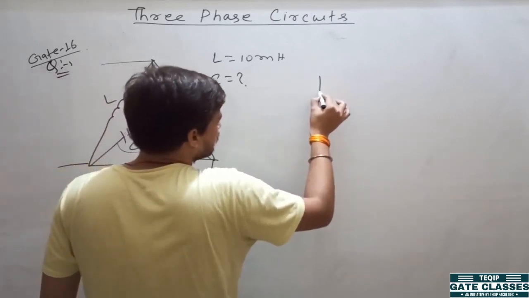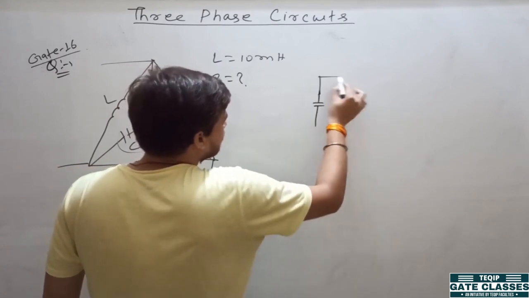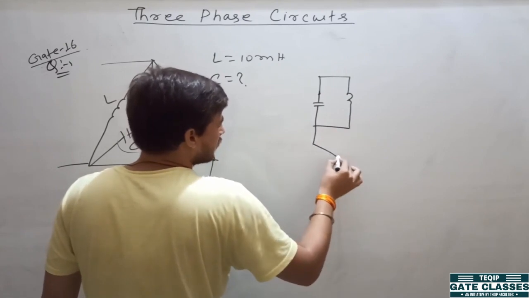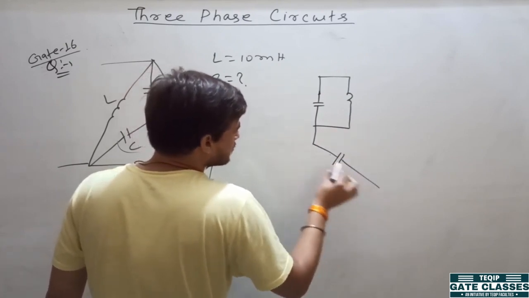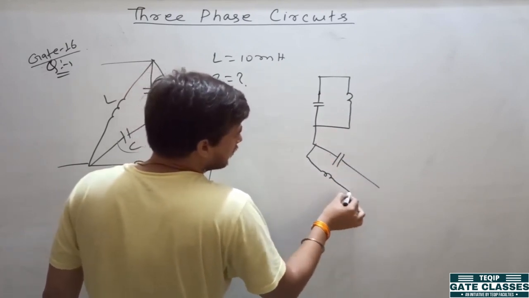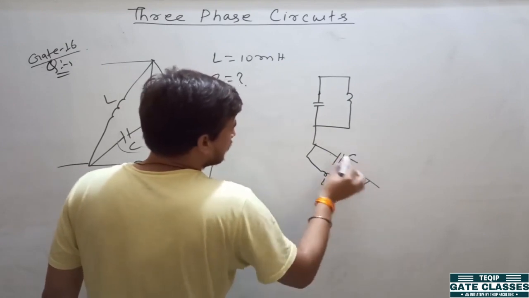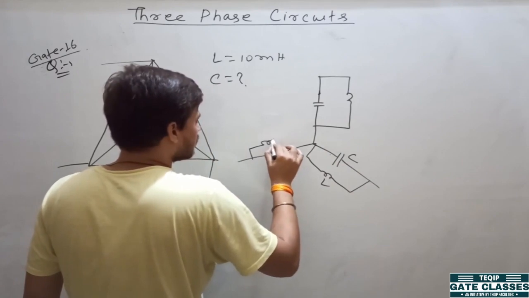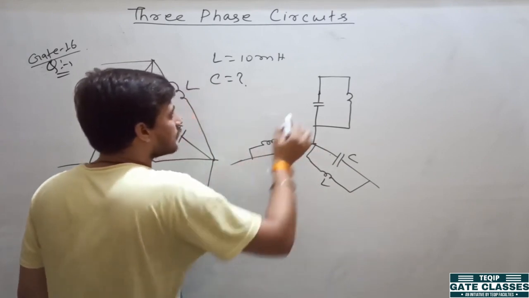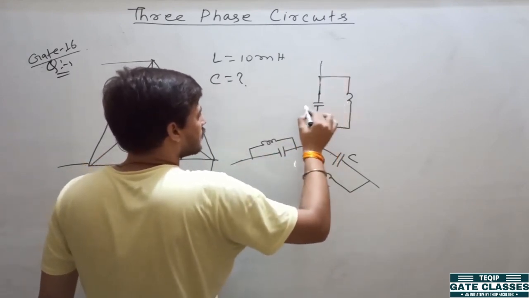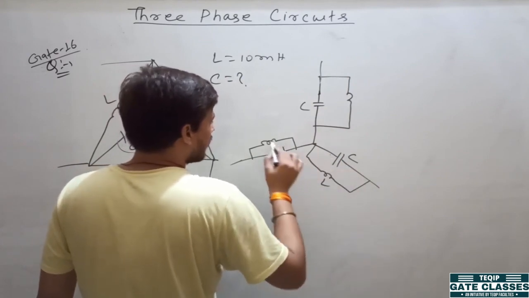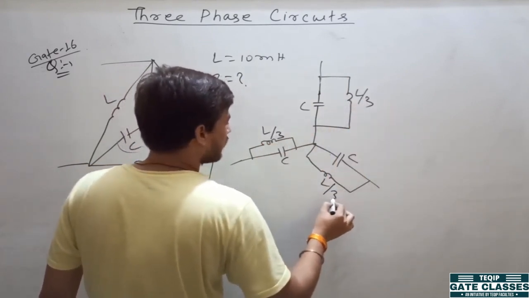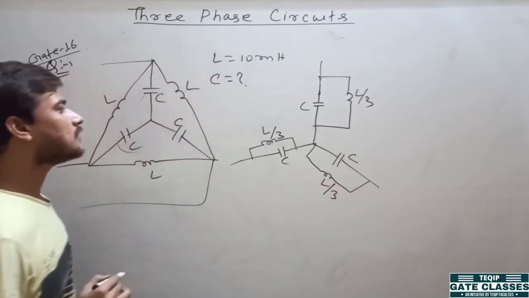So you are having a capacitor, and across the capacitor you will have an inductor. Again in the second system a capacitor, and in the third system a capacitor with an inductor. So here it is C and here it will be L by 3. The inductances will become L by 3. So now you are having the system like this.